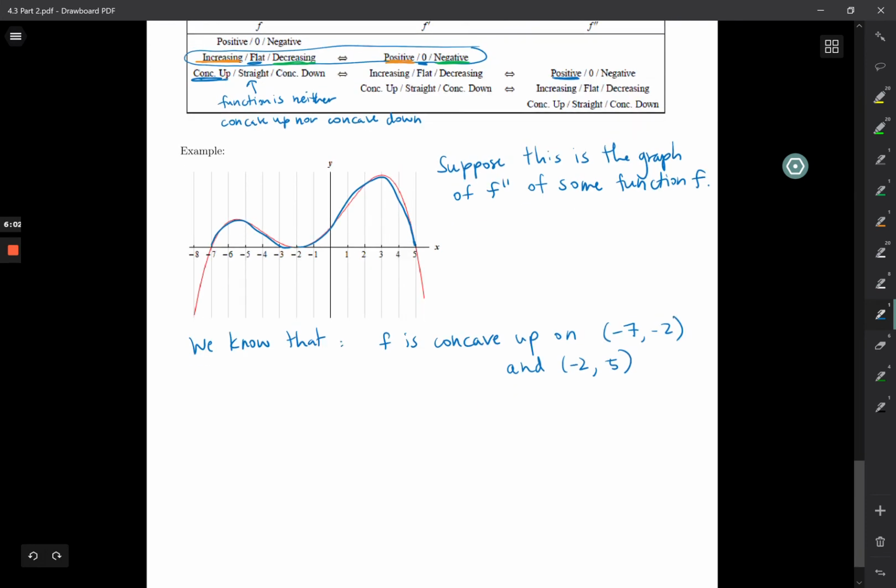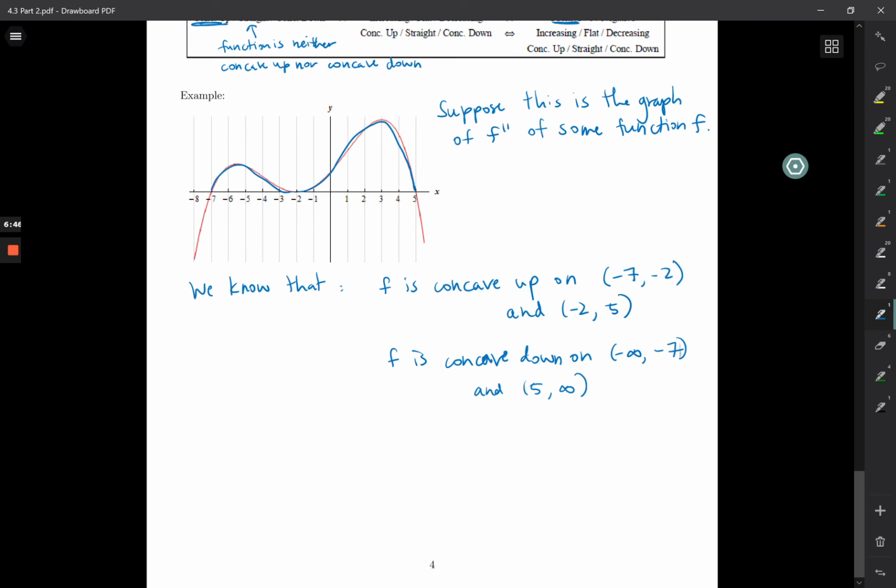And then also f will be concave down on the interval -infinity up to -7, and from 5 to infinity, assuming that this graph keeps going in the direction that it looks like it's going. Okay, so those are the two things that we can tell from this.